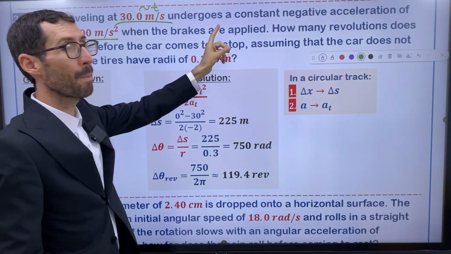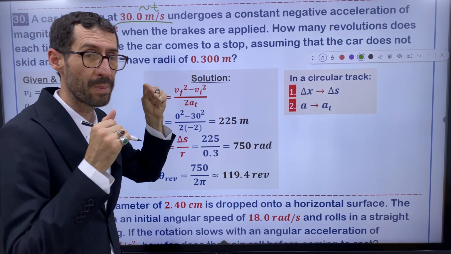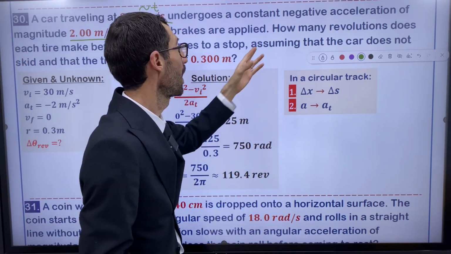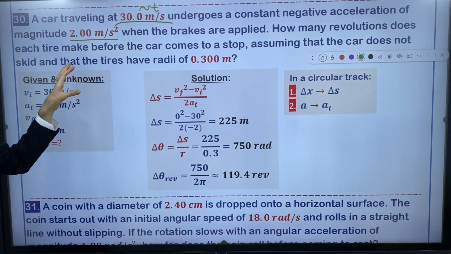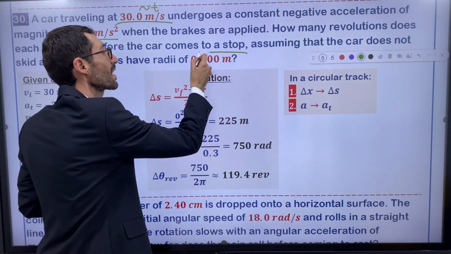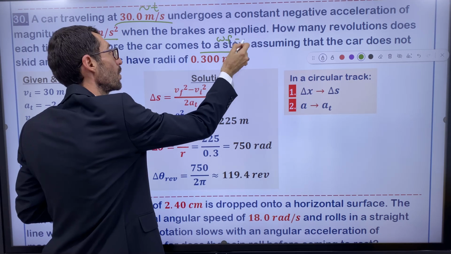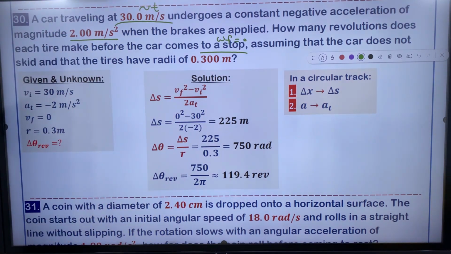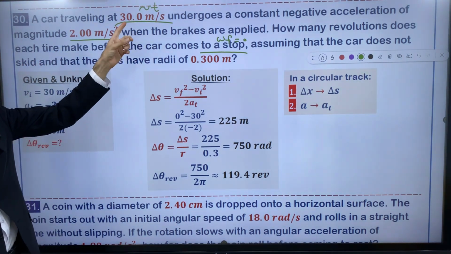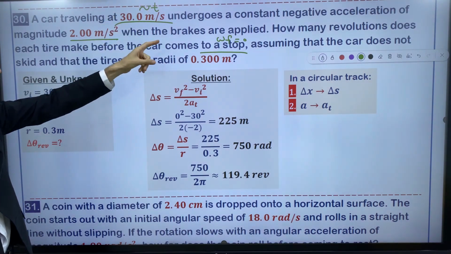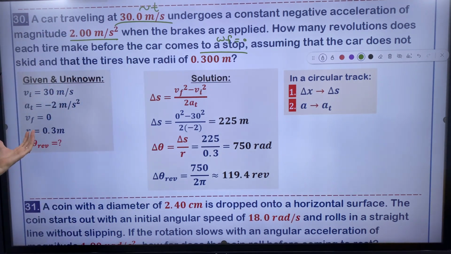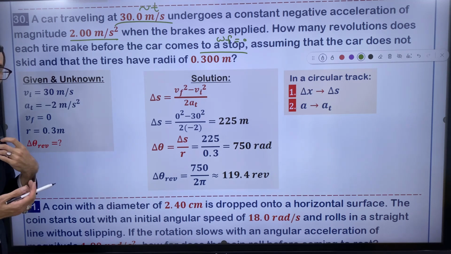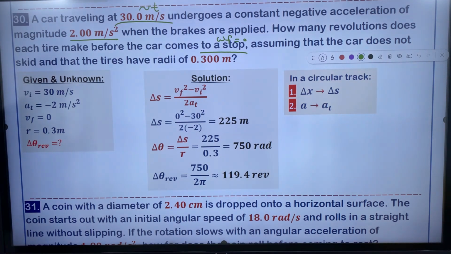When the brakes are applied, when the driver presses the brake, how many revolutions does each tire make before the car comes to a stop? What does it mean? Omega final becomes 0, right? Because the initial information is in translational form, using V is better and easier.